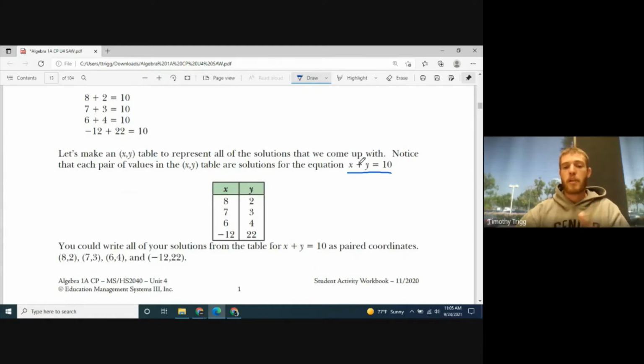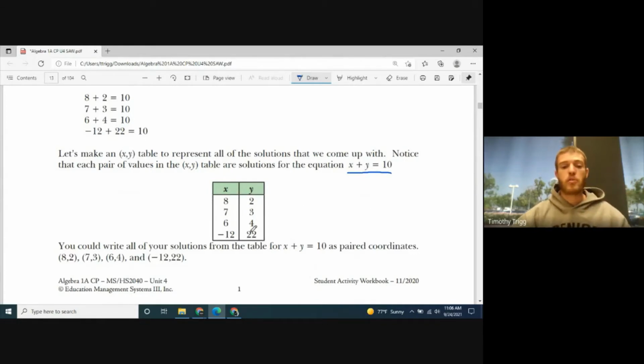It could be 1 plus 9, or it could be 2 plus 8, or it could be 14 plus negative 4, right? So there's how many different solutions there are. There's actually an infinite number of solutions to this equation, right? There are different x's and y's, they have to add up to 10, but any combination you could think of that adds up to 10 will be a solution for this.